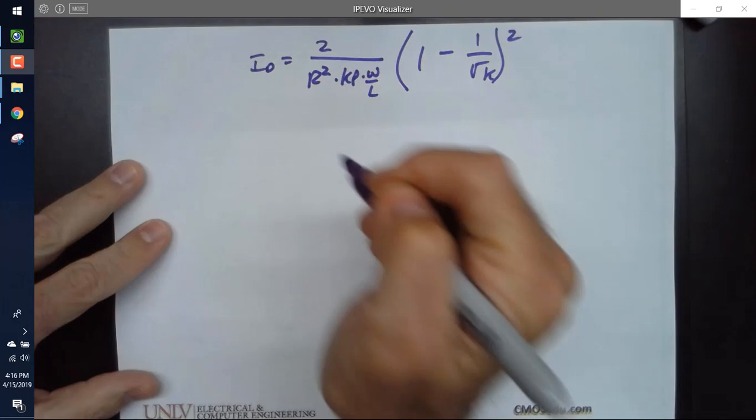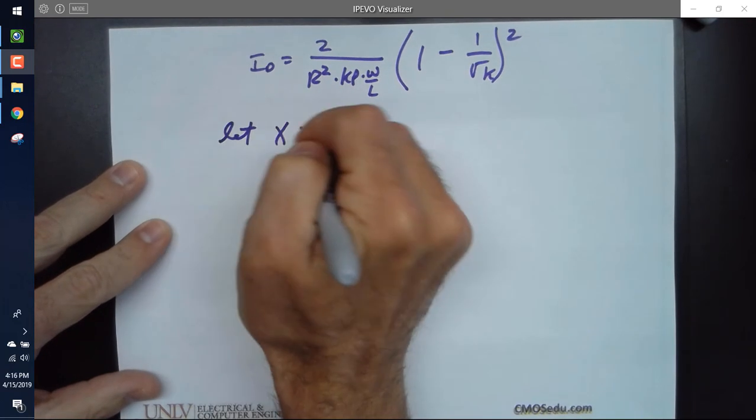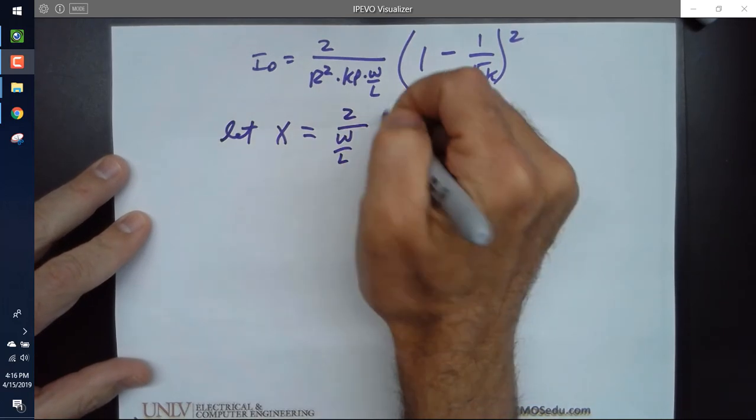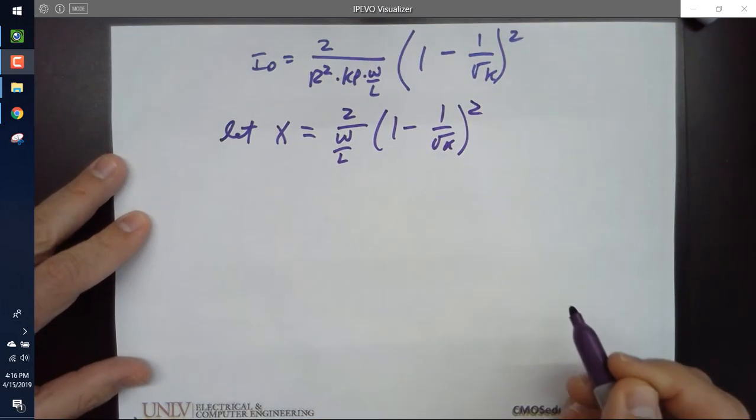Yep. So here, since I've done this a few times and I know how to explain it best, or at least I think I do, I'm going to say let X equal 2 over W over L times 1 minus 1 over the square root of K, squared.